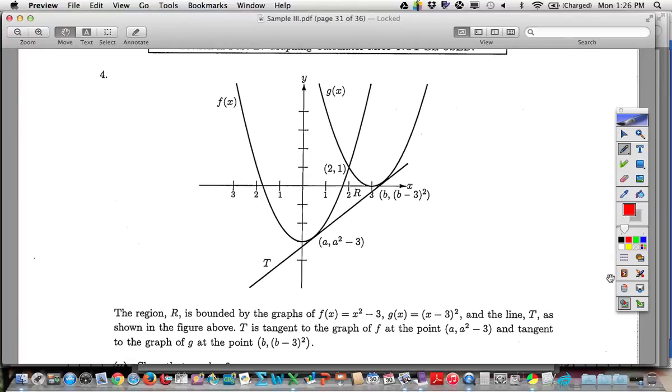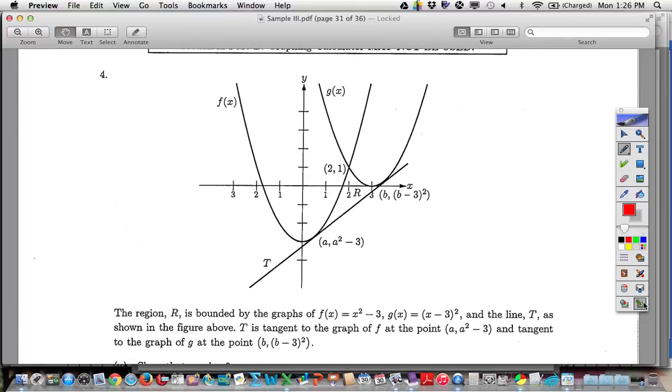On 4, what's it look like? Doesn't it look like Shanghai? It's actually easier than Shanghai because there's 2 graphs. Okay, again, what's Shanghai about?